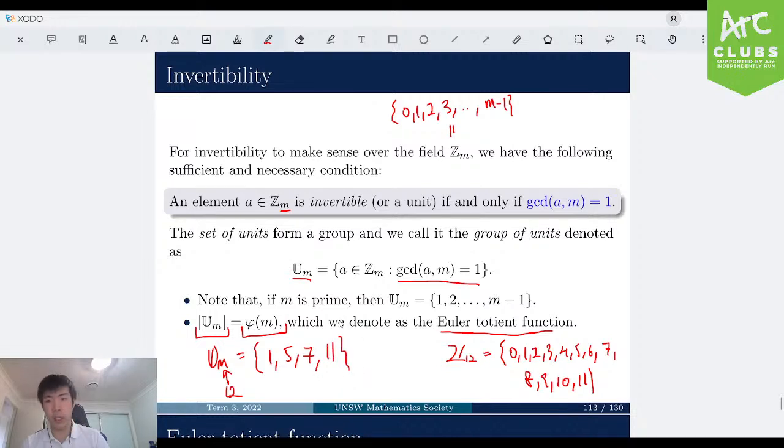So it's just these numbers within Z12 that are co-prime with 12, and that's why they form the set U12. In this case, phi of 12 is exactly 4, because there are 4 elements in this set.